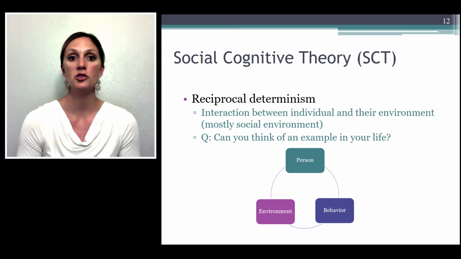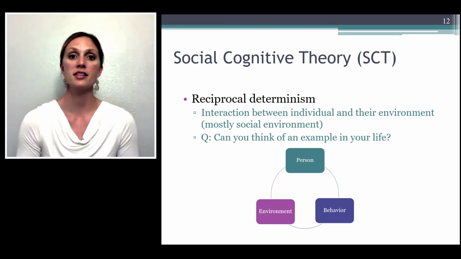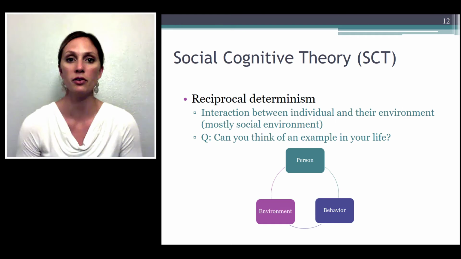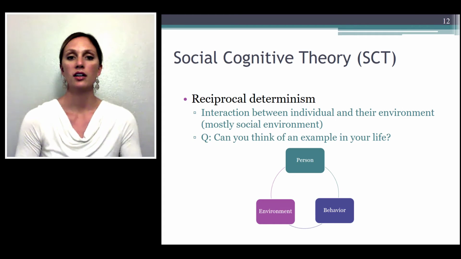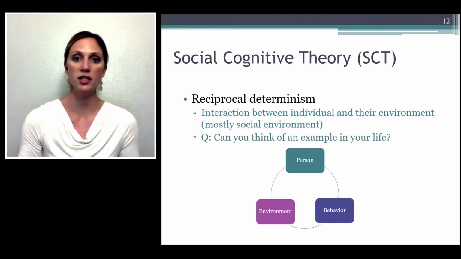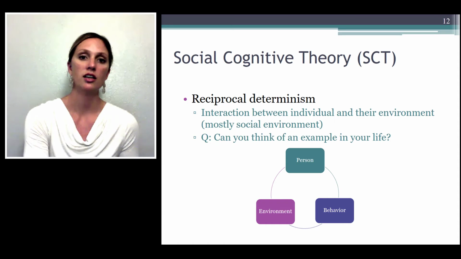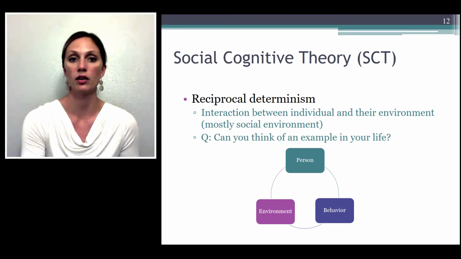So then the individual starts going to the gym more, and they tell their friends, and their friends start going to the gym more. And then the gym has such high attendance that it opens another location. So the environment changed the person, it changed the behavior, and now the behavior and the person are reciprocally changing that environment even more.